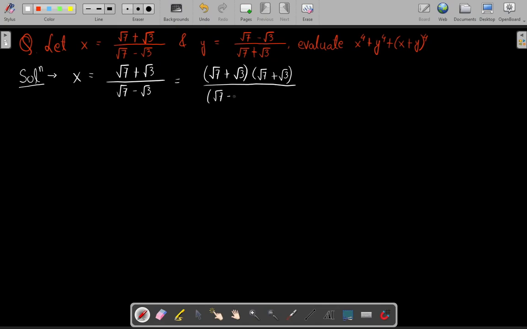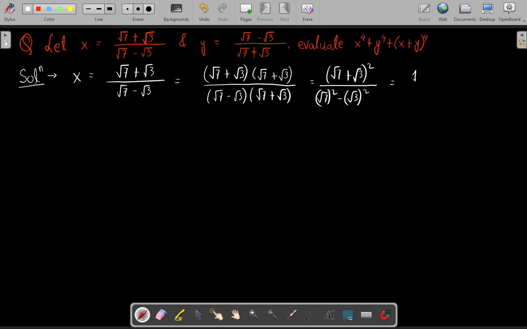Okay, so in the numerator we have (root 7 plus root 3) whole square, and in the denominator we use the a square minus b square formula. After computing, a square is 7, b square is 3, plus twice ab.